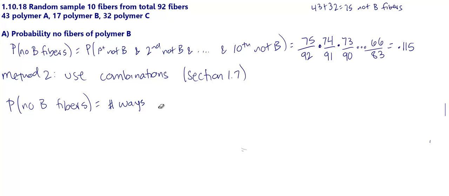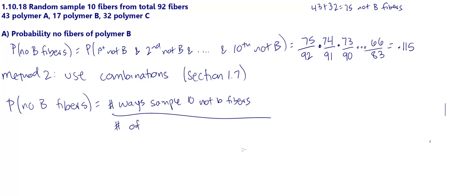Let me actually write this out. Number of ways to get a sample of 10 not B fibers, out of the total number of samples of size 10.